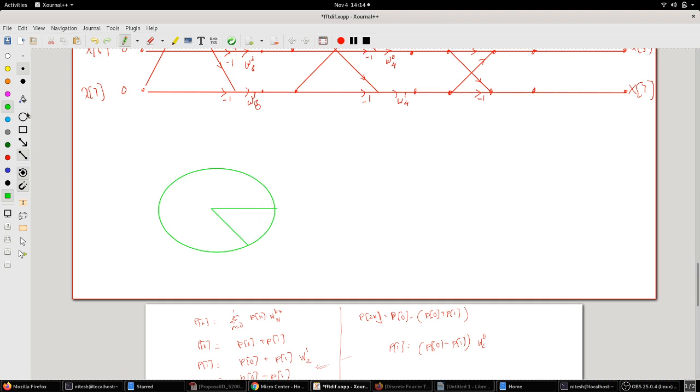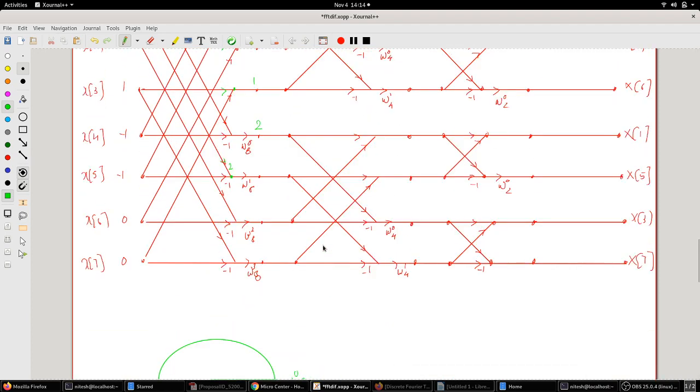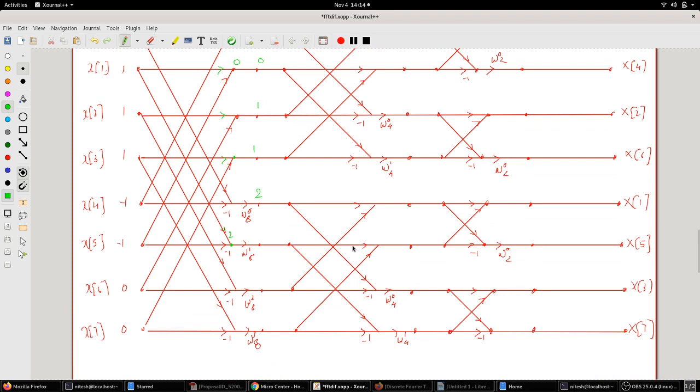So this is your w1 of 8. This is w0 of 8, this is w1 of 8, which is equal to 1 by root 2 minus j by root 2. So I'll just plug it in here. So this value here will be 2 into 1 by root 2 minus j by root 2. This is what you will get.